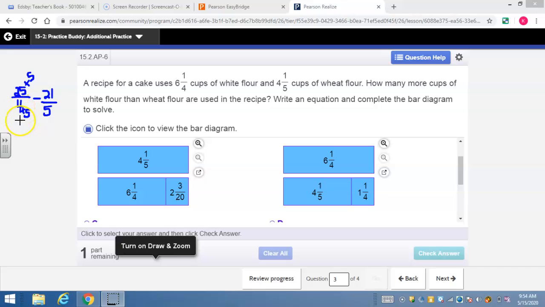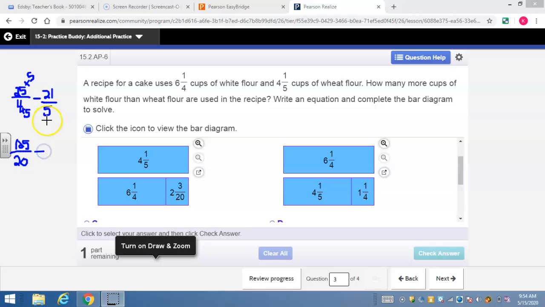I know 25 times 5, I could do that over here, but I'm actually just going to think about quarters. So I know 5 quarters would be $1.25, so I'm going to have 125 here for the top. And then again, my denominator, 4 times 5, is 20.